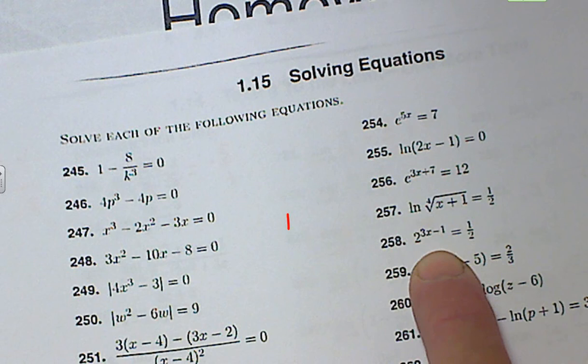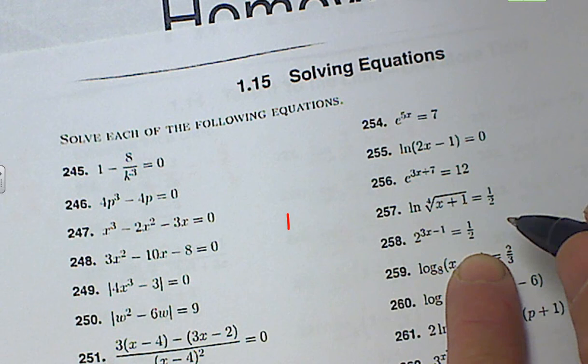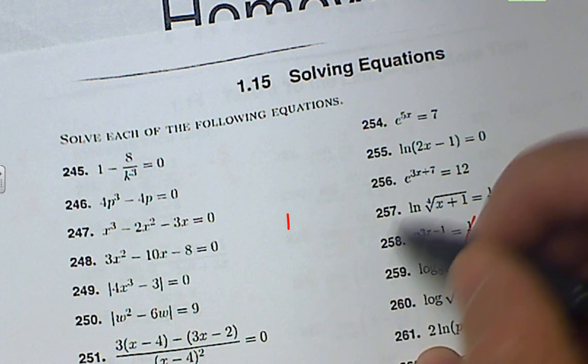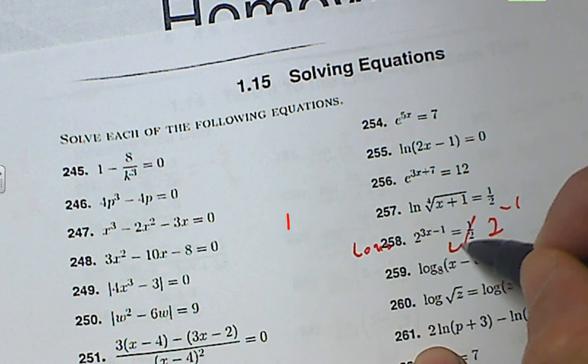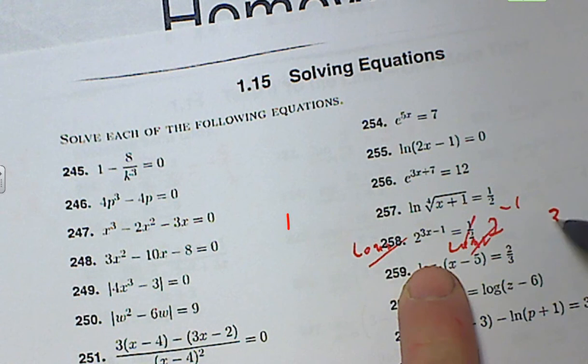If we were trying to simplify that, I have a base of 2 right here. What do I need over here? Base of 2, right? How can I turn 1/2 into a base of 2? It's 2 to the negative 1. That's exactly right. So now I have the same base on both sides. So I can say log base 2 of both sides, cancel those out, and I have 3x minus 1 equals negative 1. I can just solve that.